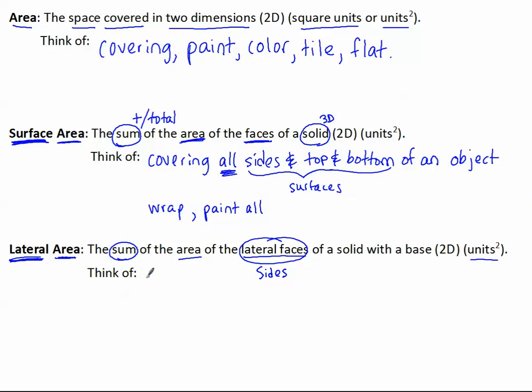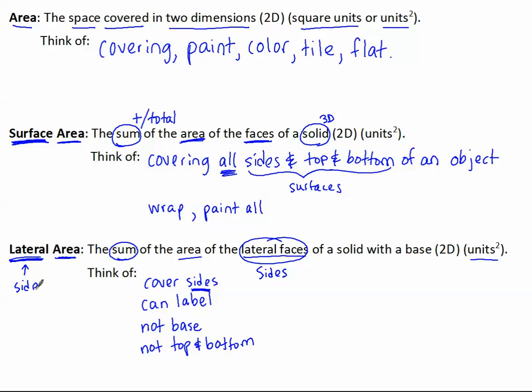Think of if you have to cover the sides of something, like a can label. The label on a can just goes around the sides. Or if you don't want the top and the bottom of something, you just want the sides. Lateral means sides.